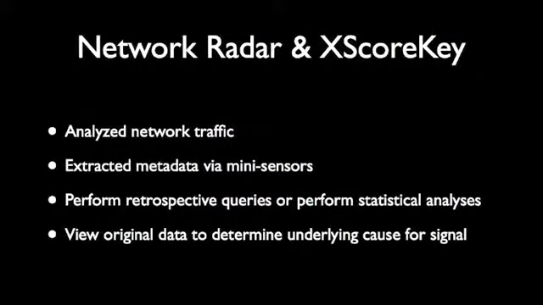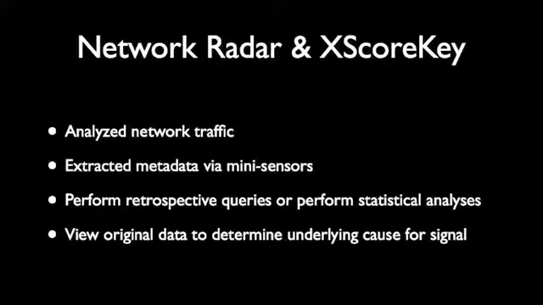In the 1990s, I was developing a system called Network Radar for cyber defense that was eerily similar to the NSA's XScoreKey for intelligence. We both analyzed network traffic, we both extracted metadata via mini sensors, we both inserted that metadata into databases on which we could perform retrospective queries or perform various statistical analyses, and when there was a suspicious signal in the metadata, we both had viewers to look at the original data to understand the underlying cause for that signal.